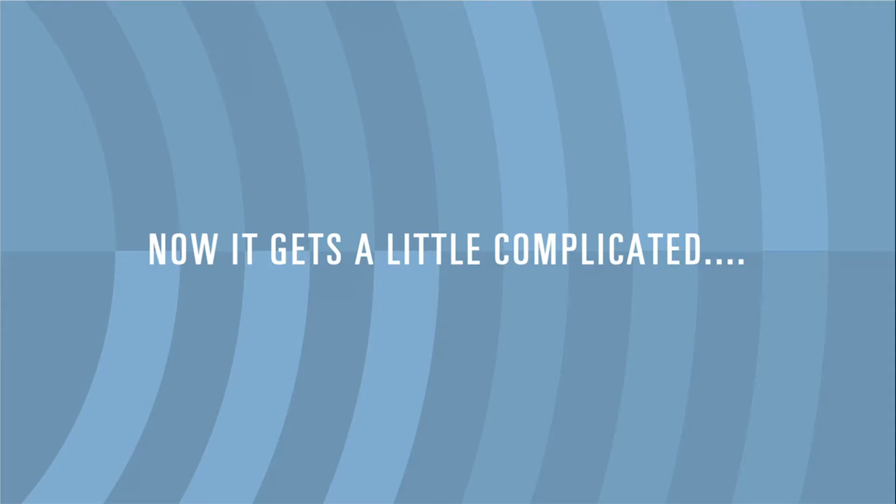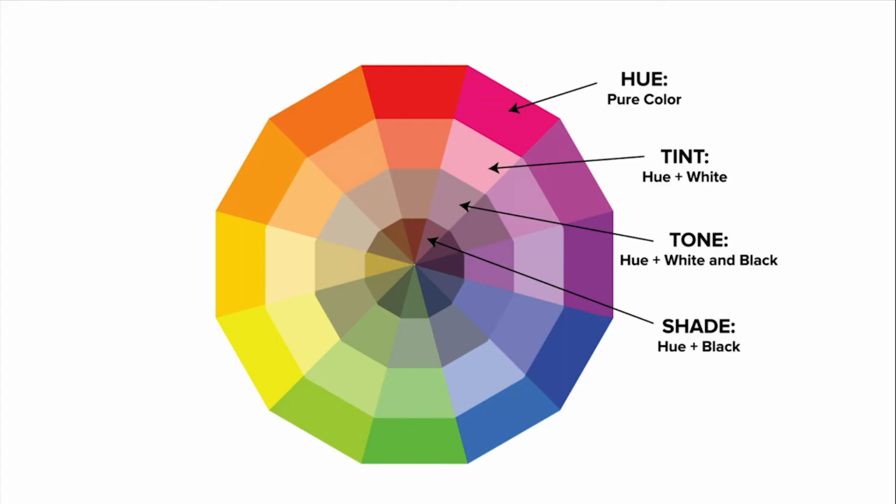Okay, so we talked about primary, secondary, tertiary. Now is where things are going to get a little bit complicated. So let's dive into this. I know that there's a lot packed into this graphic. So we're going to talk about hue, tint, tone, and shade. Hue is the purest form of any of those primary, secondary, or tertiary colors.